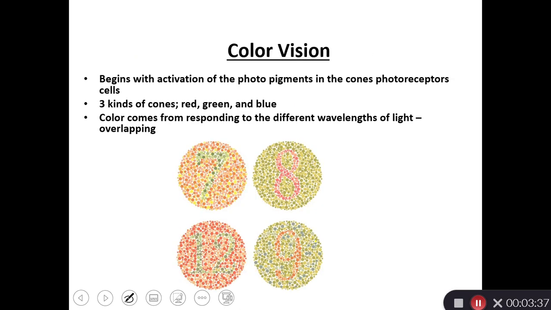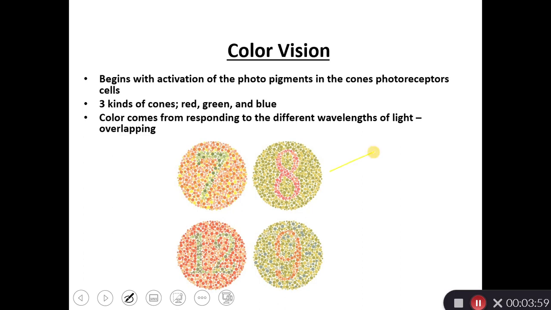The cones are responsible for the color vision, and there are three kinds of cones: red, green, and blue. Then different colors come from responding to the different wavelength of light overlapping. So we can see different colors like orange, like pink, and so on.